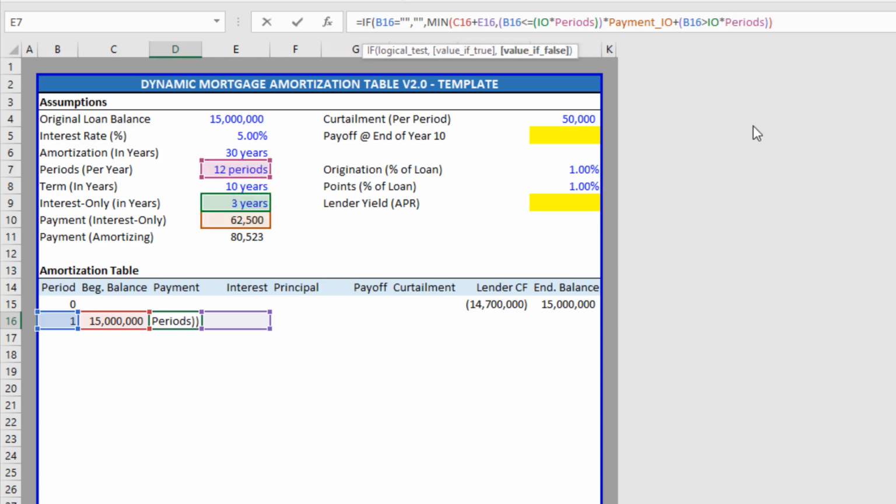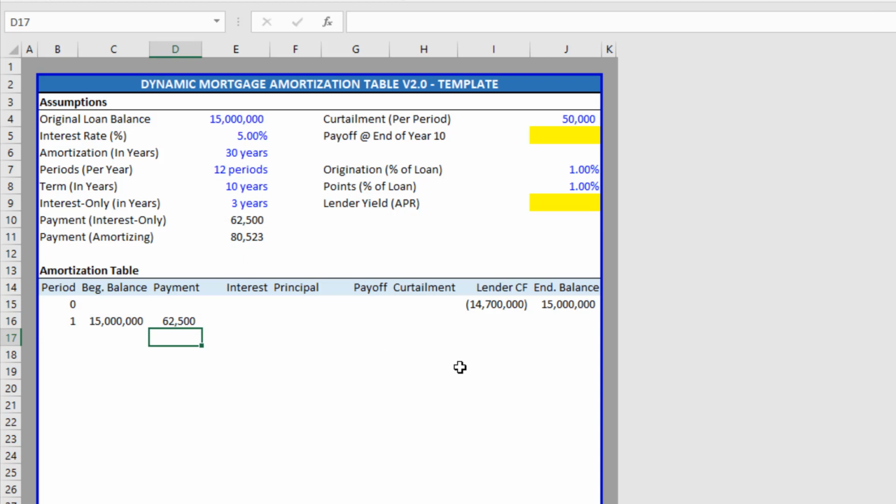Actually, I wanted those within their own parentheses. Okay, that's our Boolean logic, and we multiply that by an amortizing payment. Close those out, and now we have here an interest-only payment. However, if we were to set the interest-only number of years to 0, well, we get an amortizing payment then.